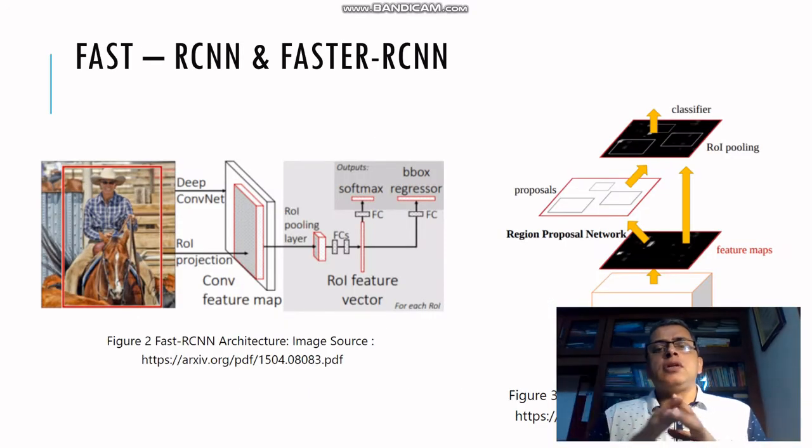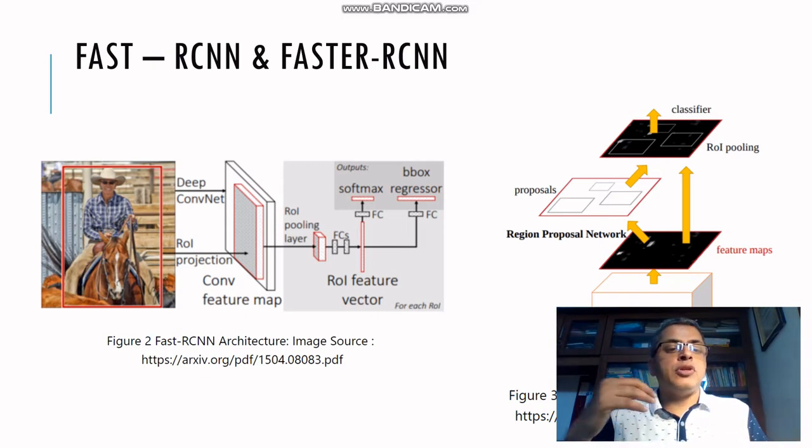Now, about a year or a year and a half after the RCNN was published, the authors came up with another improvement to the RCNN family, and it's called the FAST-RCNN. The FAST-RCNN has got some interesting additions. This is how it looks. For a FAST-RCNN, first the input image is given, and the features are extracted through a CNN layer.